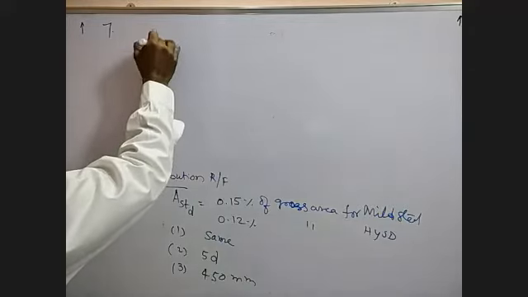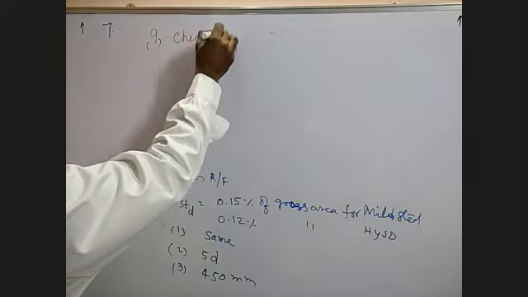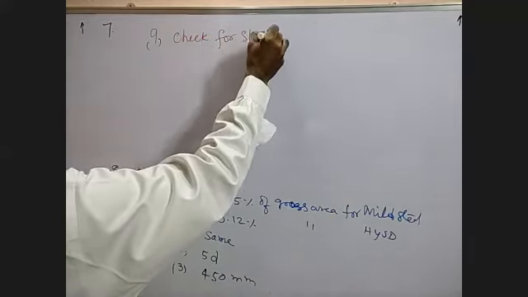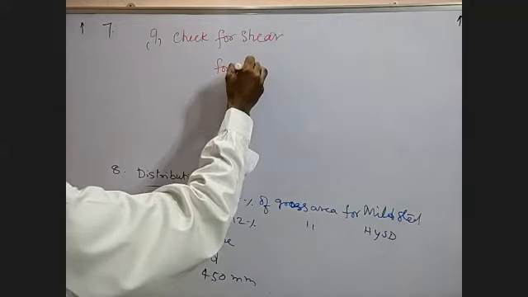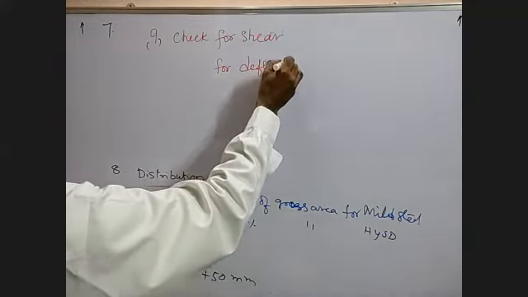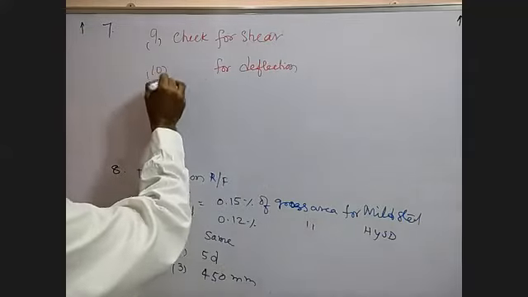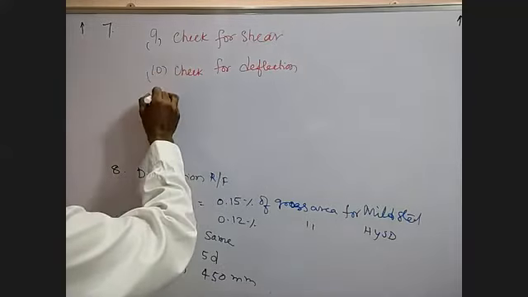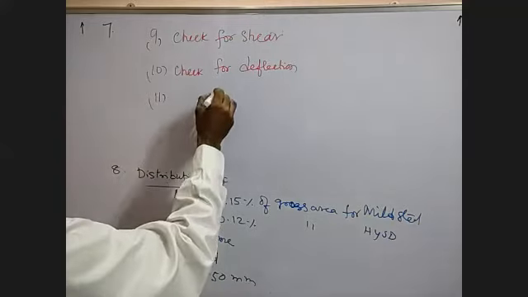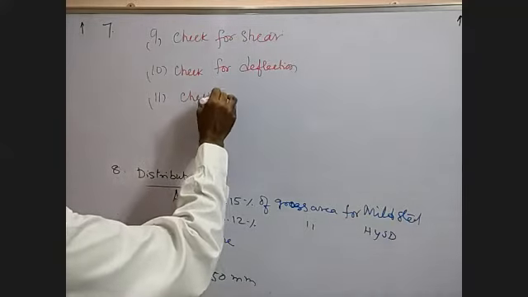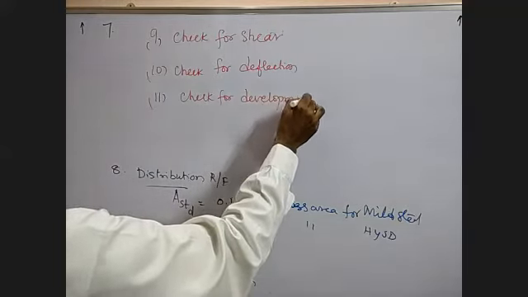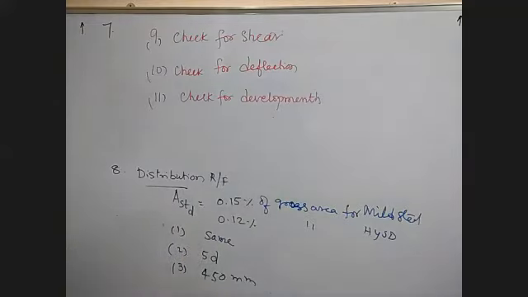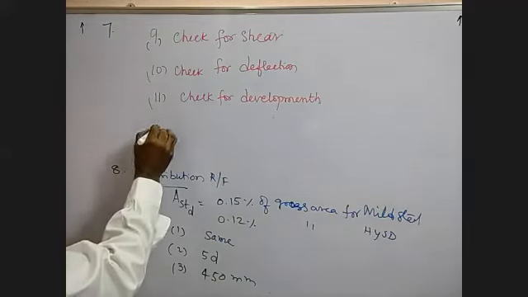The ninth one is check for shear, same formulas, check for deflection, and the last one is check for development length. These are the three checks. The last one is the detailing, so the drawing should be drawn.